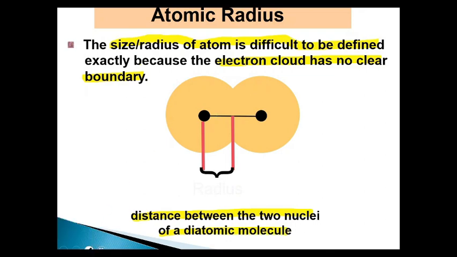So this is the atomic radius, okay? That is from the center of atom 1 to the center of atom 2.